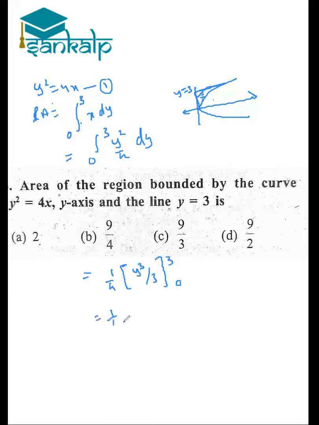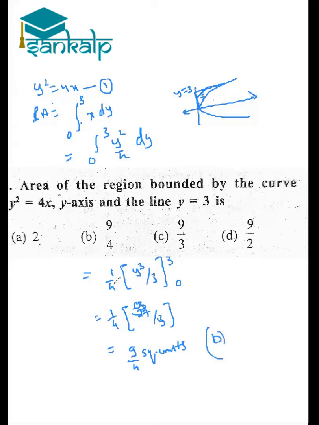On simplifying, we get 1 upon 4, and the y cube value is 27 upon 3. On simplifying further, 3 ones are 3, 3 threes are 9, so 9 by 4 square units is the answer.